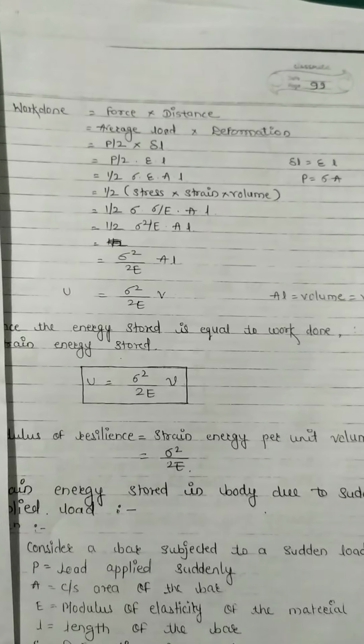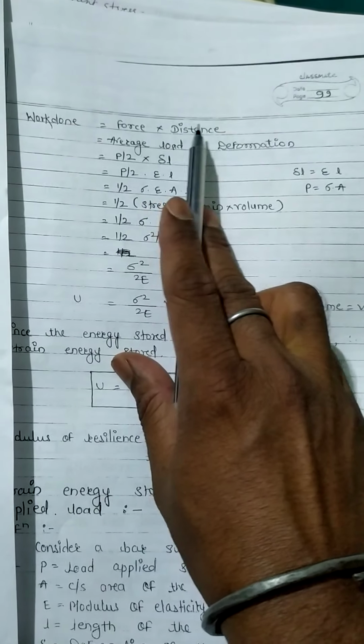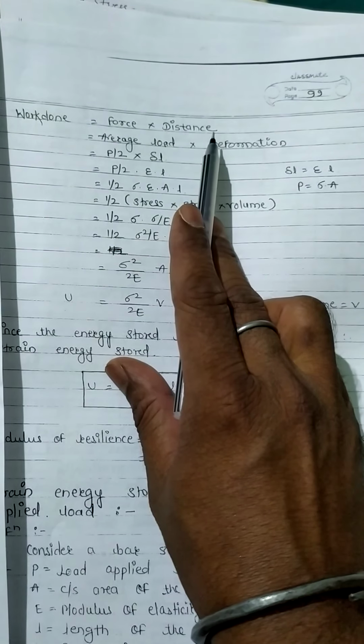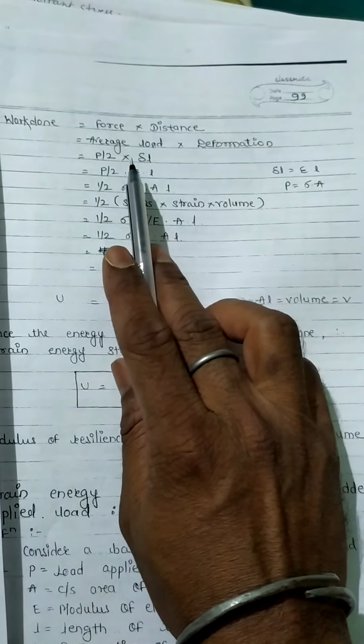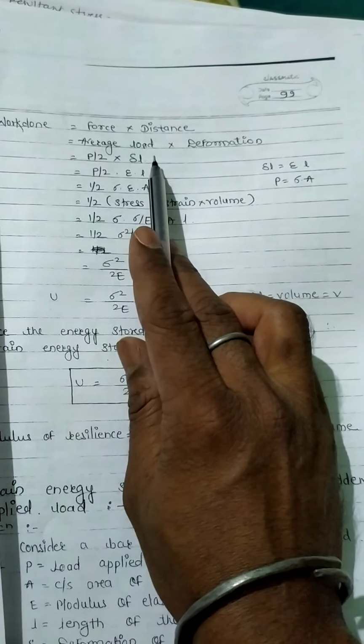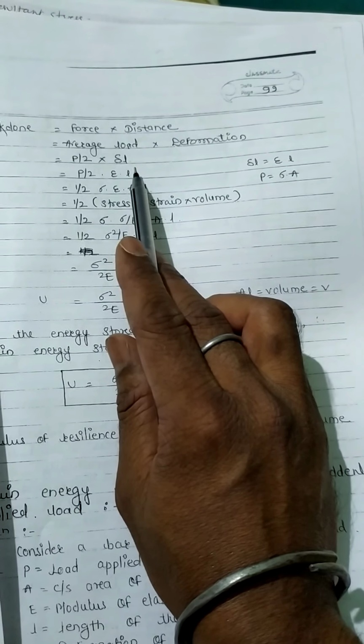So the work done is equal to force into distance, that is, average load into deformation. So average load we take as P by 2 into delta L.